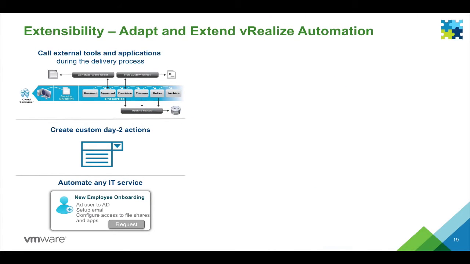There are several extensibility use cases we need to consider that are part of an application's lifecycle. So for example, when I request a machine, I need to be able to plug into external systems such as ServiceNow and create a ticket that can be updated throughout the build cycle and then closed when the machine's delivered. And for day 2 operations, these are all the operations I can perform on any given machine after it's provisioned.